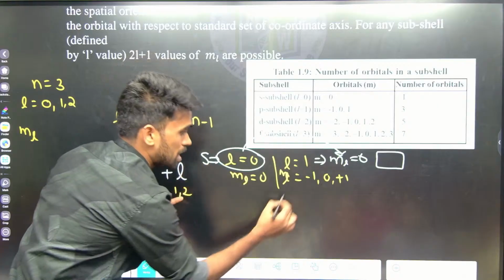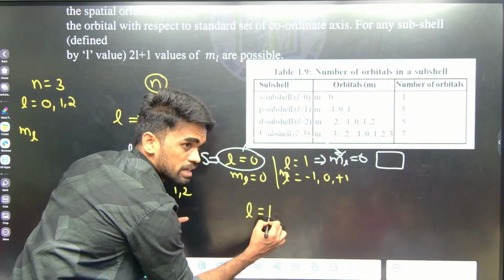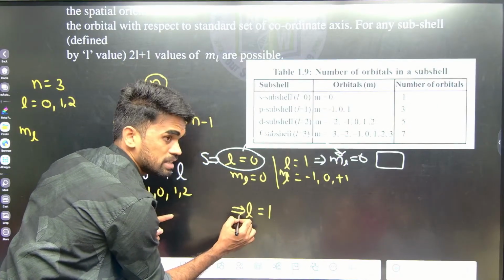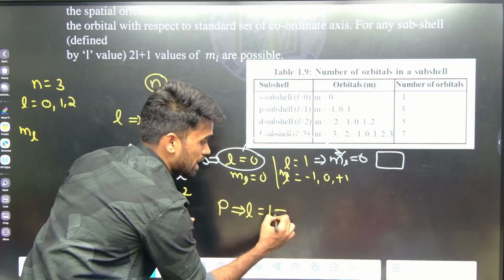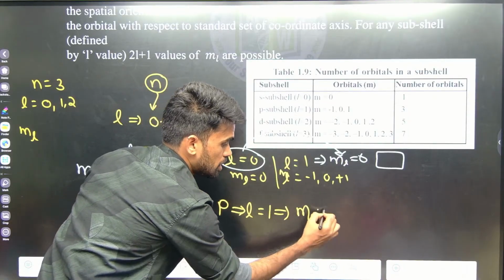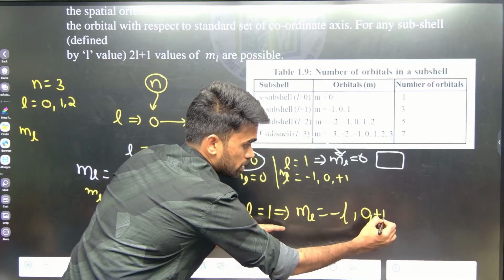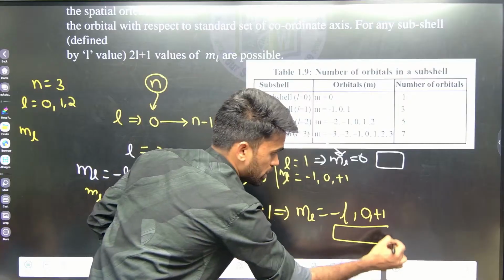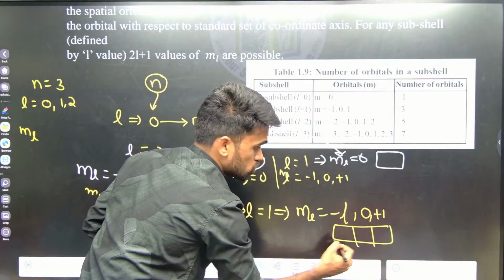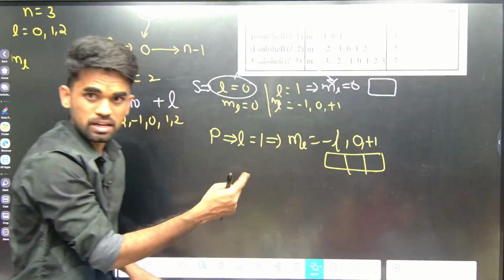When L equals 1, which subshell is this? P. What are the ML values? Minus 1, 0, plus 1. How many boxes will you get? 3 boxes. So the p subshell has 3 boxes.